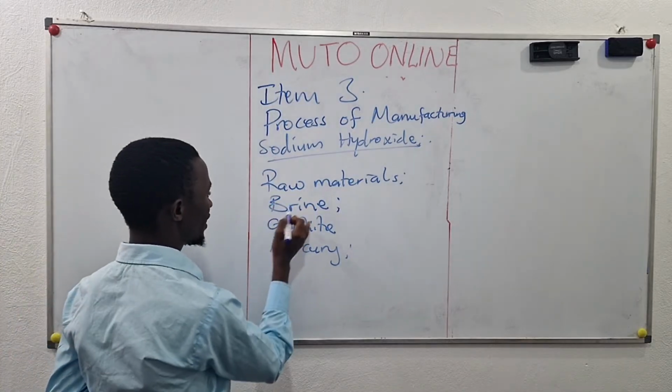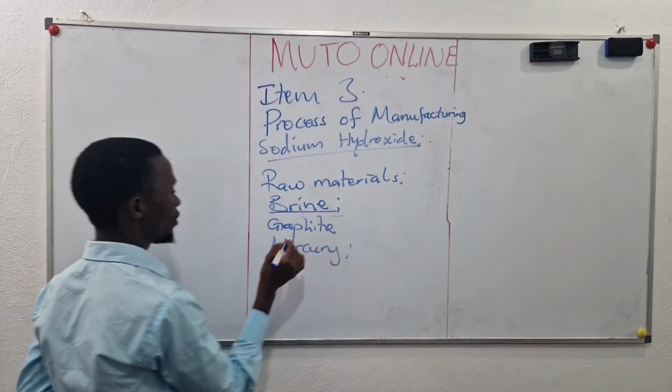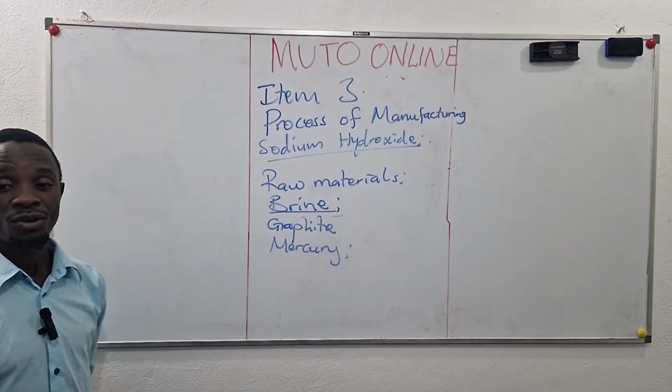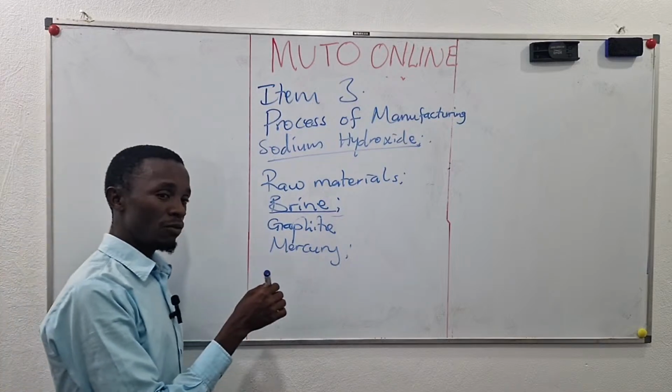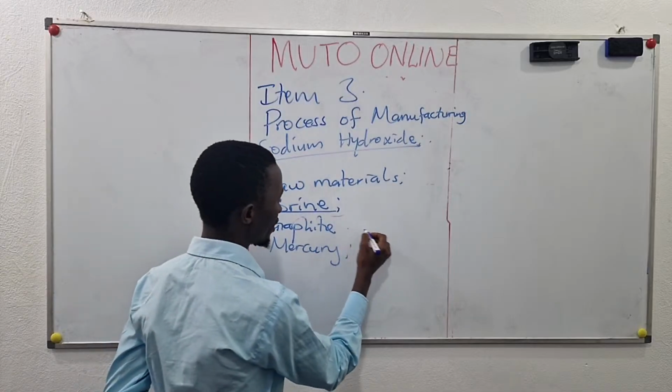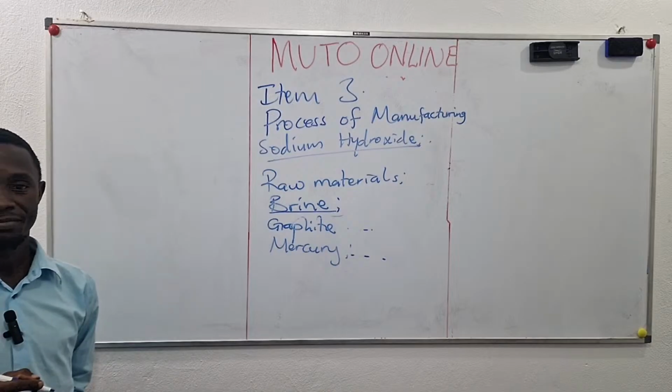Members, the process of production occurs in what we call an electrolytic cell that is made up of graphite as the anode and mercury as the cathode.